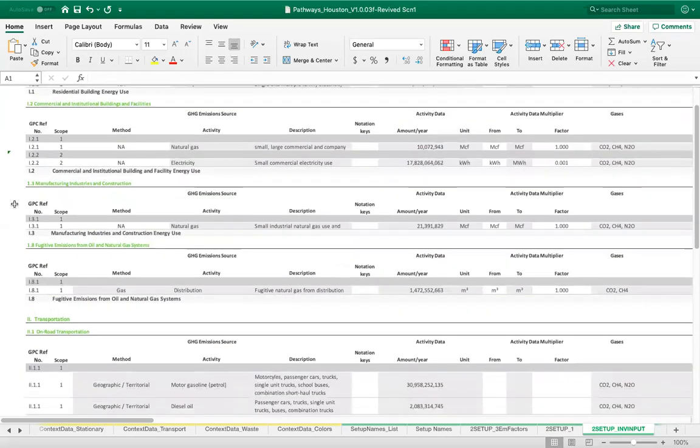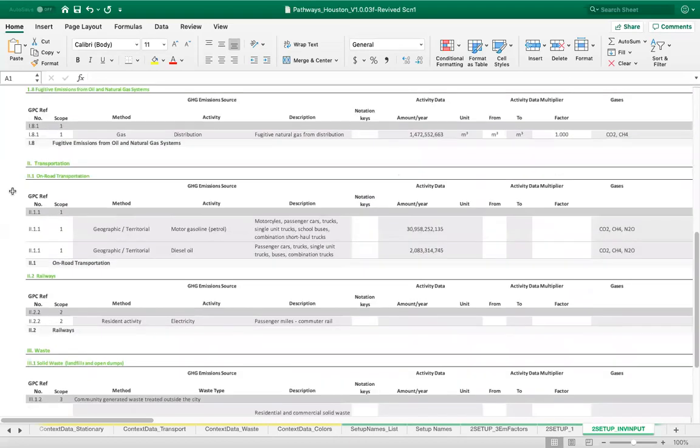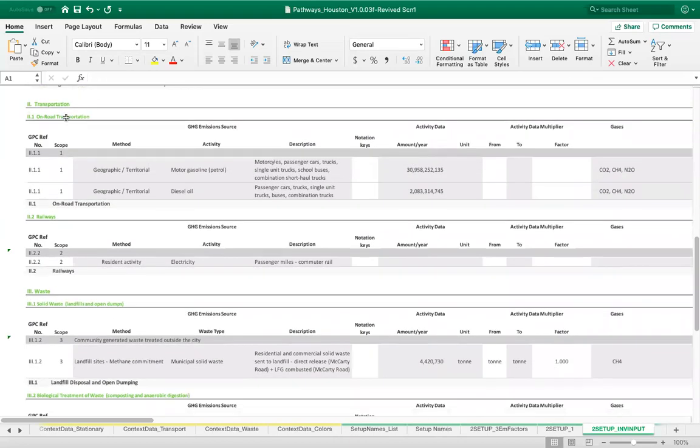To our point, for the industrial and manufacturing facilities, it's all natural gas use according to the inventory. Transportation, on-road transportation, we've got this much motor oil, this much diesel, and so on. But then we're writing this climate action plan to tackle emissions across a number of different areas, making sure that the boundary on which this inventory was completed aligns with the boundary of the climate action plan. So that would be the first one.